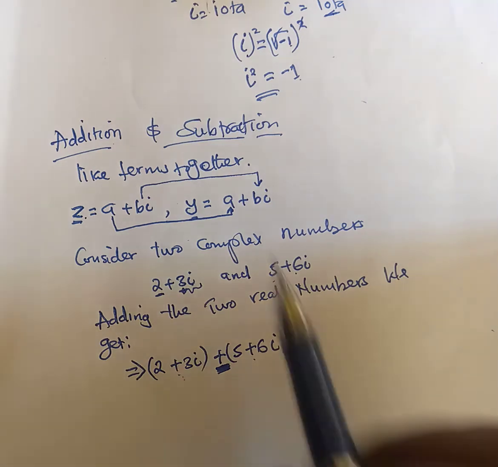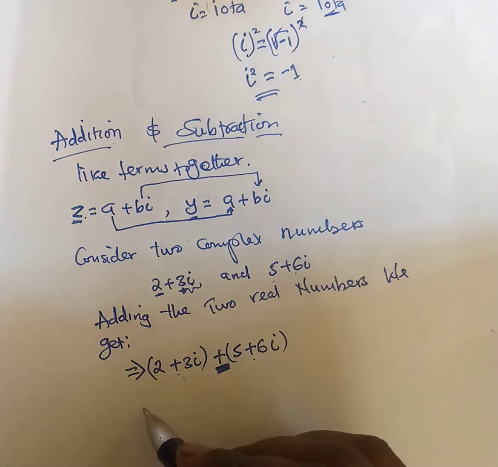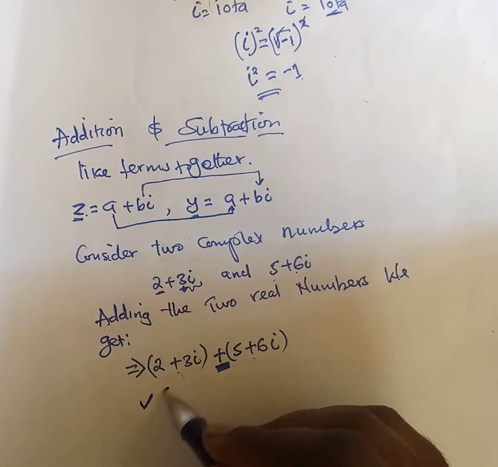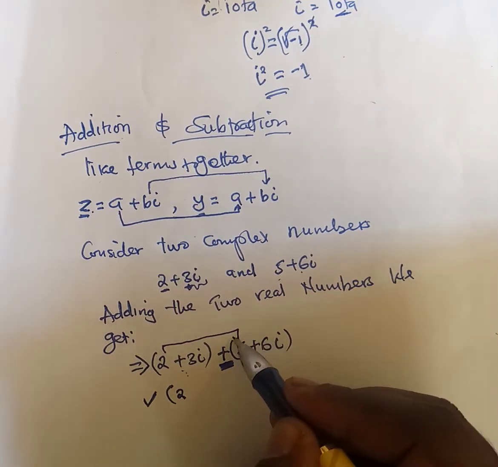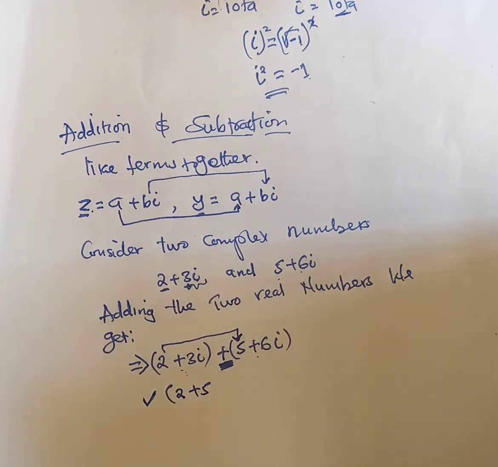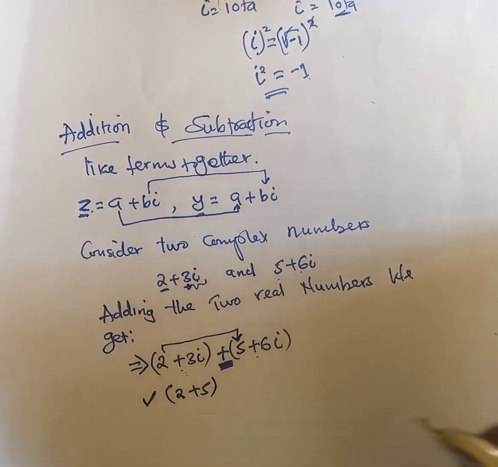So the rule is to add like terms, put like terms together. So you look at the real part and put it together, and then the imaginary part again put it together. And therefore the first step would be having 2, which is the same as 5, which doesn't have an iota, and then you can assemble that.